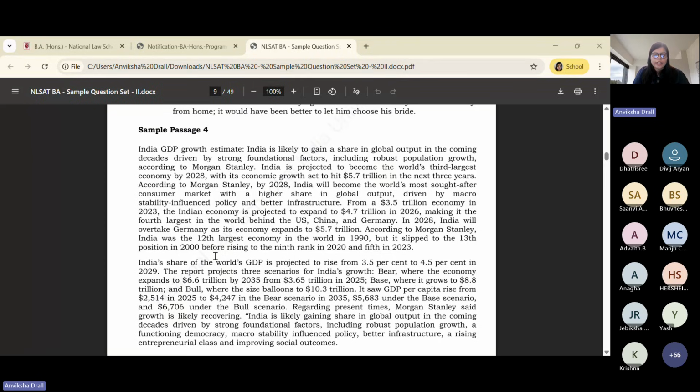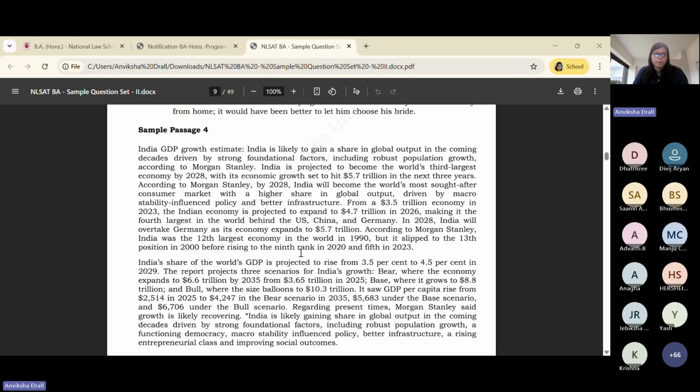So I'll read it out, and please be there with me and read all the numbers which are given in the paragraph, all the information that is given very slowly with me, and then we'll try to solve a couple of questions which will be able to give you a flavor of the questions related to quantitative reasoning.